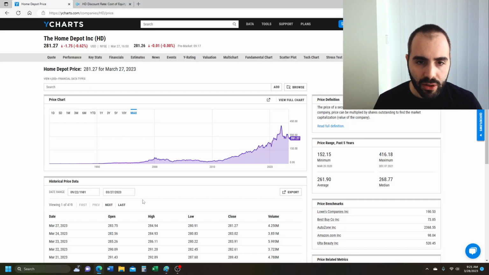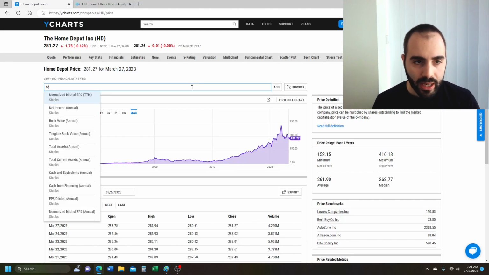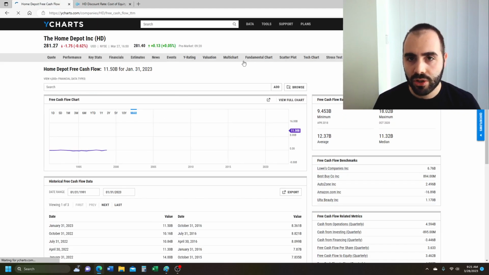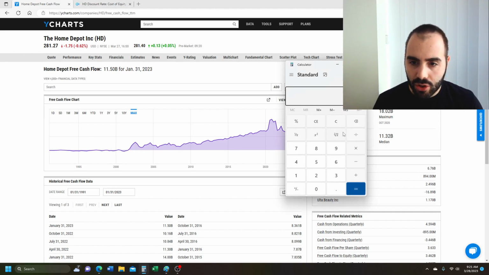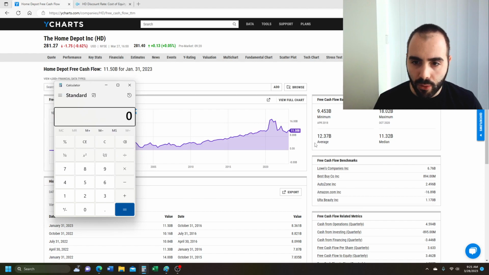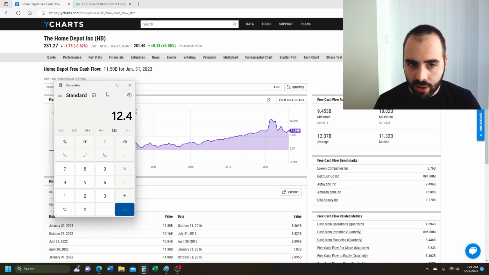Between 7 and 13%. So what does this mean? This means that if we look at a company like Home Depot and we look at their free cash flows, and let's use their average sustainable free cash flows over the last 5 years, we get 12.4 billion. You see that here? This is the free cash flow annual average over the last 5 years. So 12.4 billion would be considered the average sustainable free cash flows for the company, right?